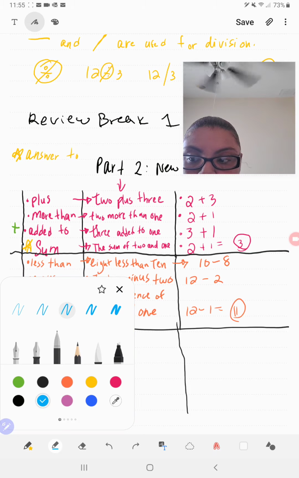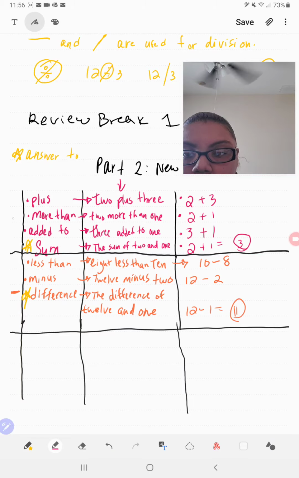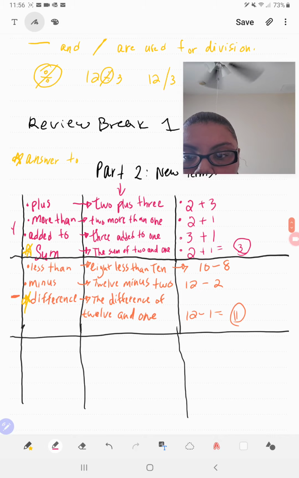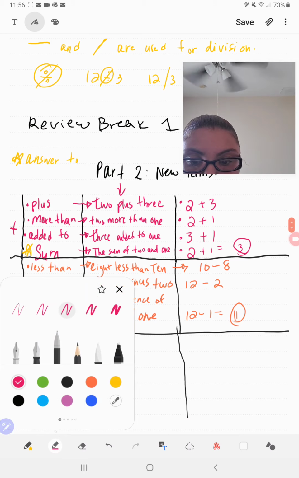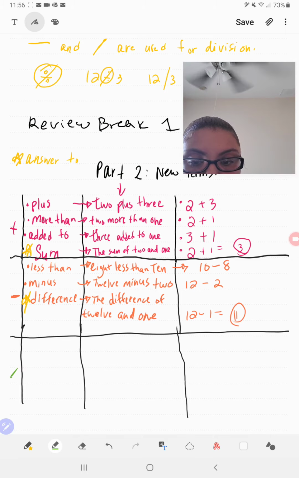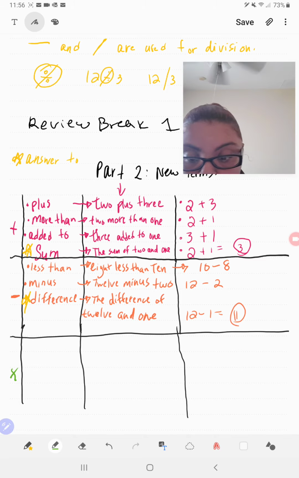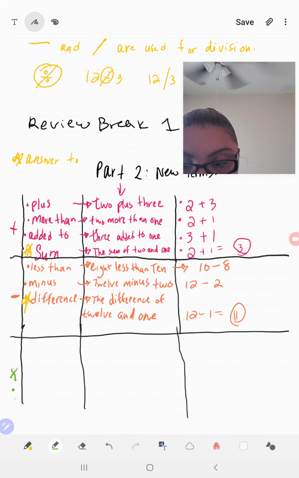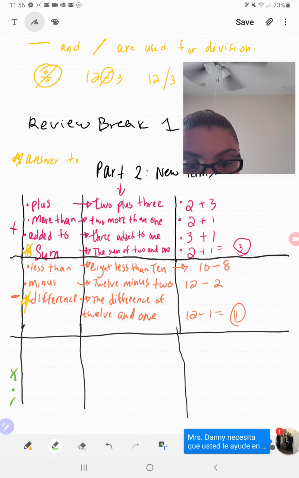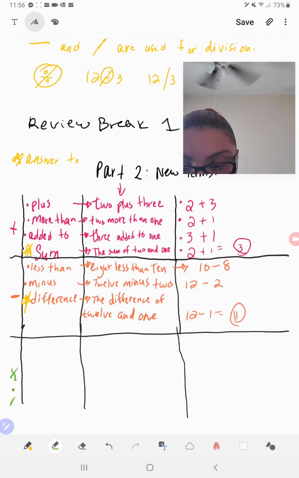But remember, we do not use X. We use the dot or the star. Star. Okay.